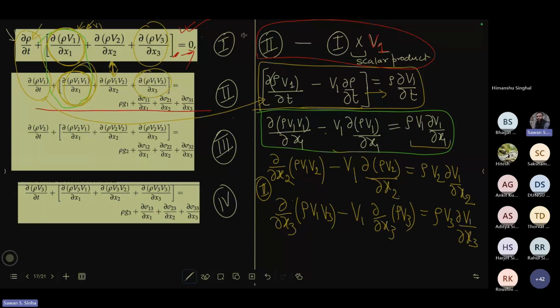Then I move forward and look at the right hand side of equation number 1. It has 0. So if I multiply 0 by V1 and subtract it from the right hand side of equation 2, nothing changes. So nothing changes on the right hand side, but on the left hand side I have simplified things a lot.